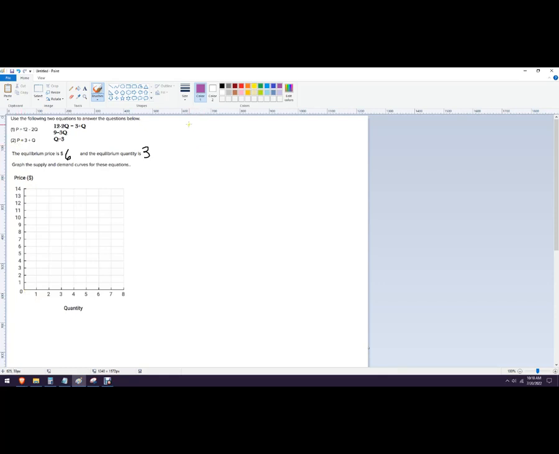Just put 0 equals 3 plus q, and then q would be -3. That doesn't really make economic sense, so I don't need to really know about that particular side of it.